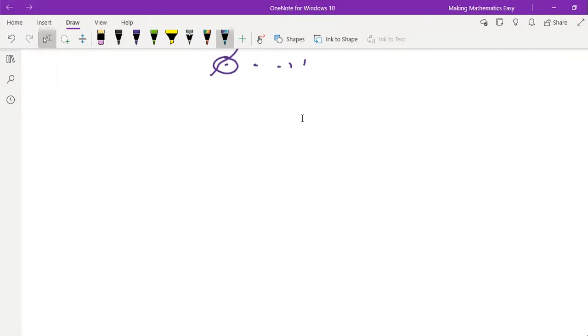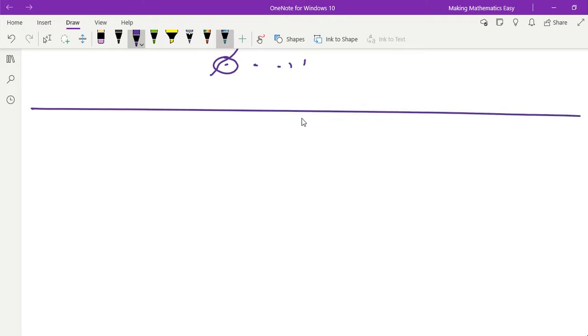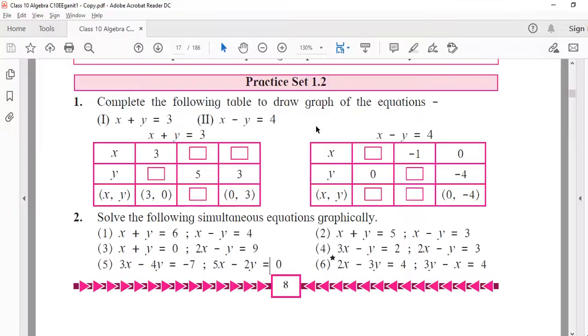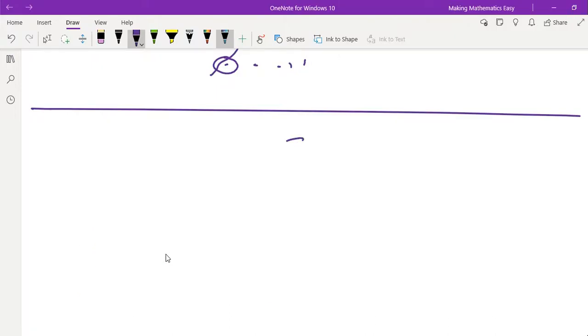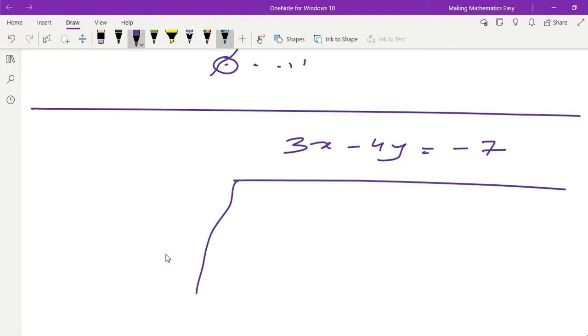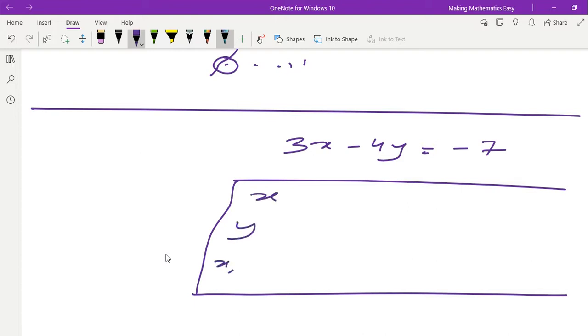Okay, so let's move on to the next sum. We can write the equation 3x minus 4y is equal to minus 7. So let us take x as 1.